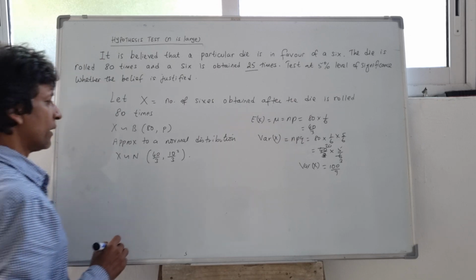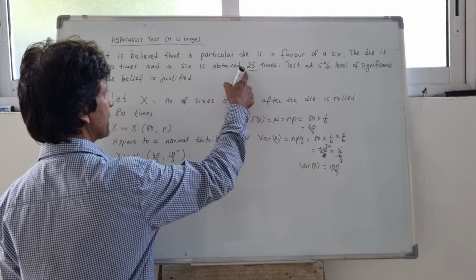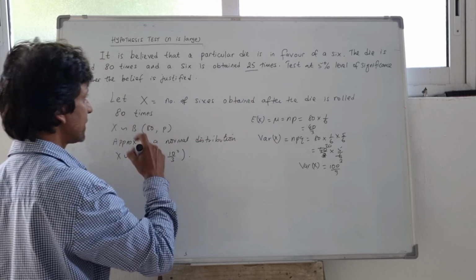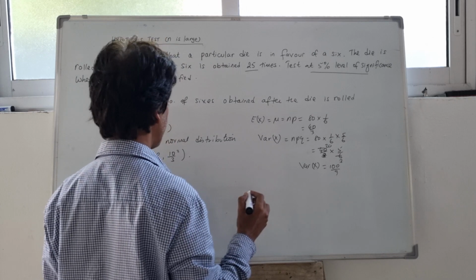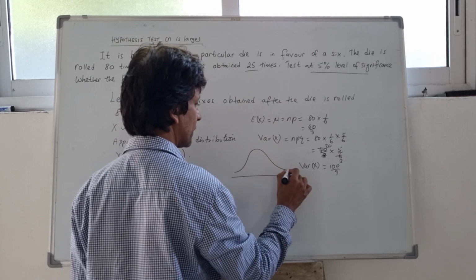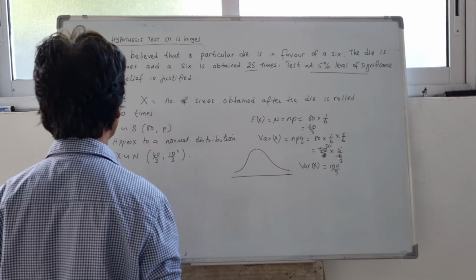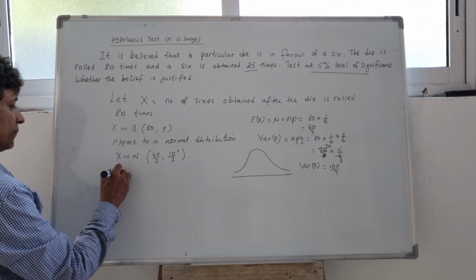And what do we do from here? We're testing now at a 5% significance level. So what does a 5% significance level entail? We define a null hypothesis.